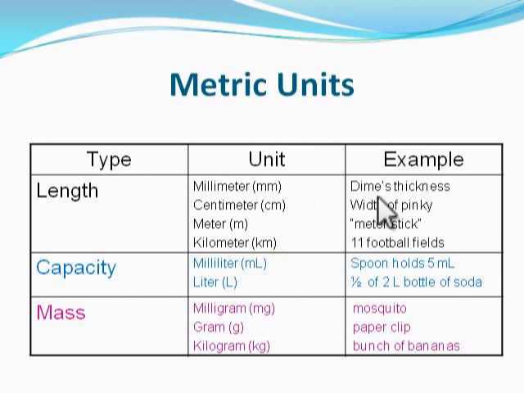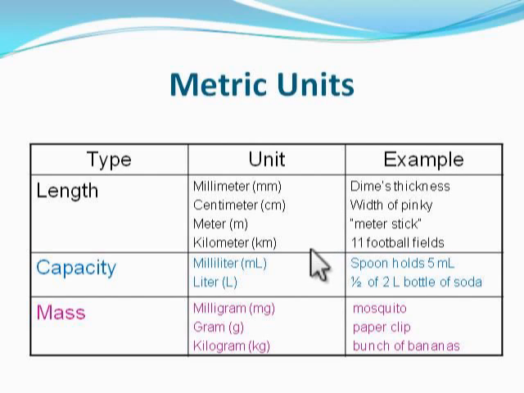These are all for measuring length. Here they give you examples of how big those measurement types are. So if you have something very small, you would measure it with millimeter, because a millimeter is only about the thickness of a dime. A centimeter is about the same size as the width of your pinky. A meter stick is about the same as a yardstick, and I'm sure you've probably used a meter stick in your science classes.